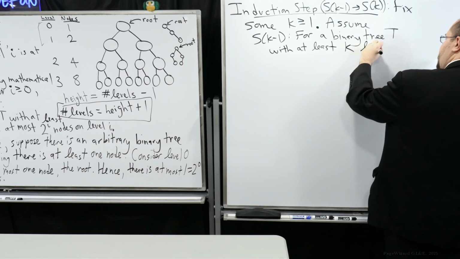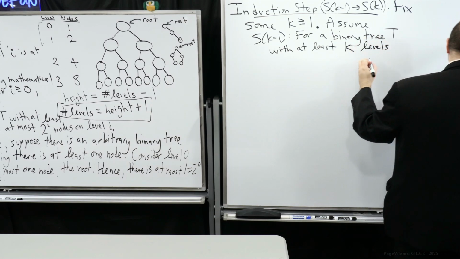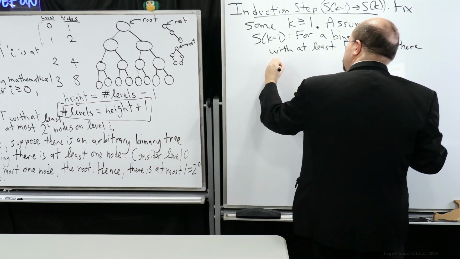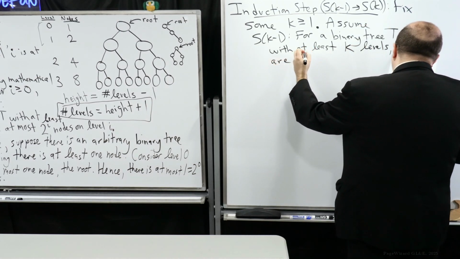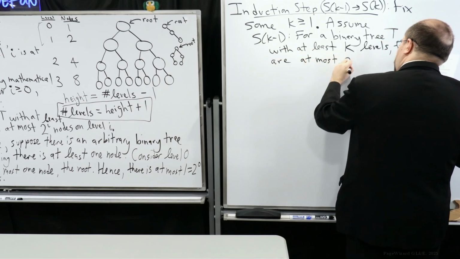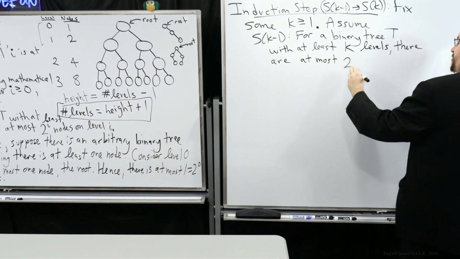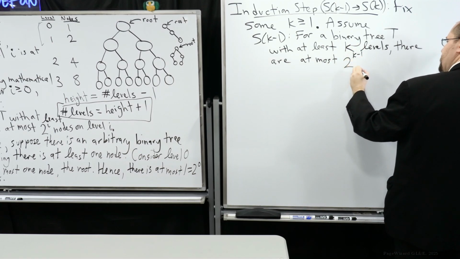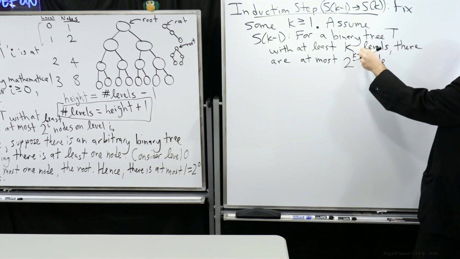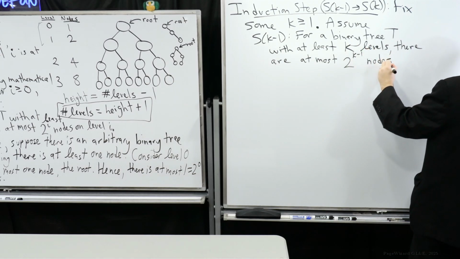With at least k levels, there are at most, now everywhere I had i, I'm going to put k minus 1, remember, 2 to the k minus 1, all in the exponent, nodes on level k.